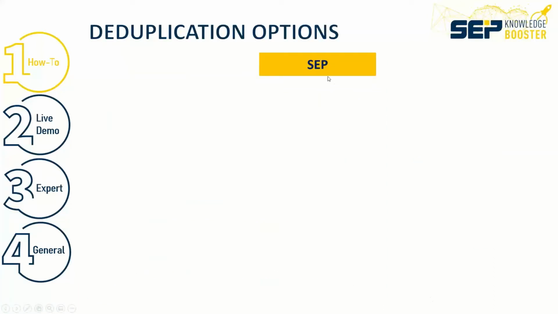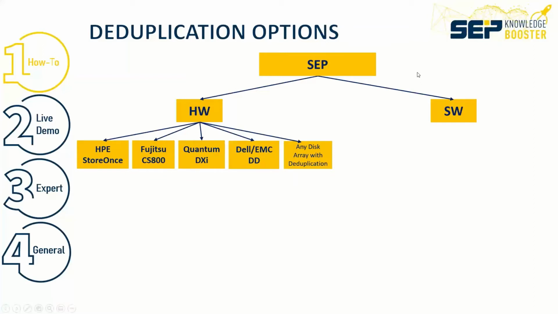Yeah, what are the deduplication options regarding the concepts with our software? First of all, it's possible to use hardware deduplication. Some dedup appliance which is doing the deduplication can be used with SEP. Then it's also possible to have software deduplication, as I've told you about SI3, but there are even more possibilities.